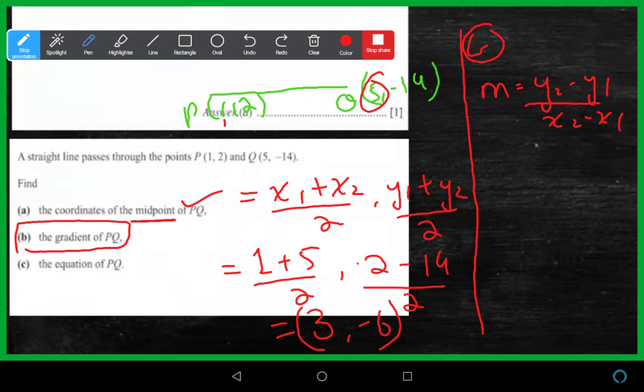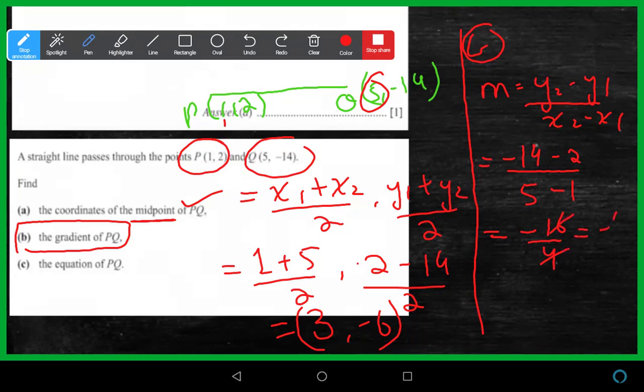So y2 minus y1, y2 is minus 14 and y1 is 2, and x2 is 5 and x1 is 1. So it will become minus 16 upon 4. We will cut down, it will become minus 4. So the gradient, the part B answer, is minus 4.